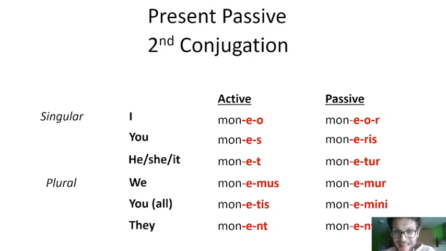Okay, so E is the identifiable letter in the second conjugation. So EO, ES, ET, and then EOR, ERIS, etc.